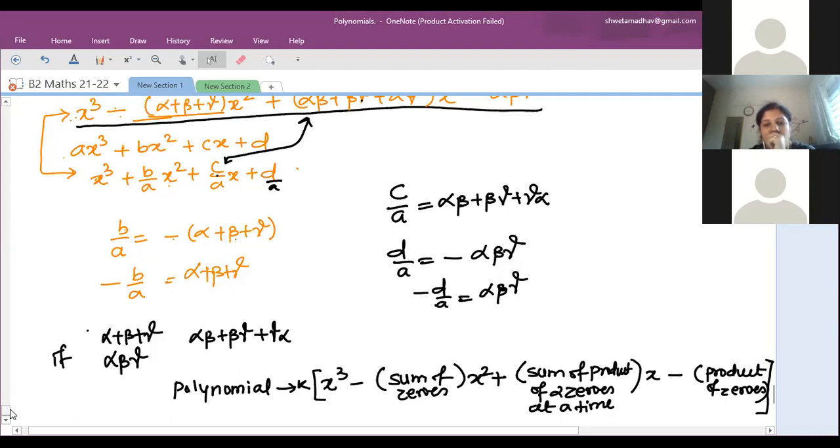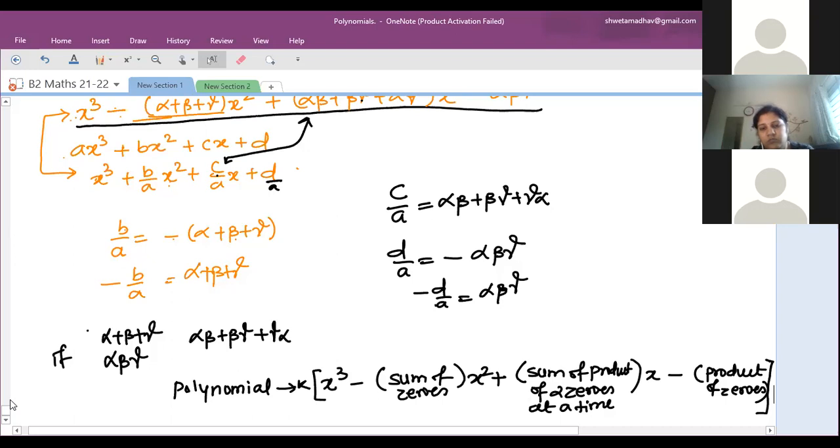Ma'am, in 49, do we just have to substitute and try it? Yes, you have to prove RHS equals LHS. First, for verification of zeros, substitute the values of those zeros in the polynomial and show that the value of the polynomial is 0.